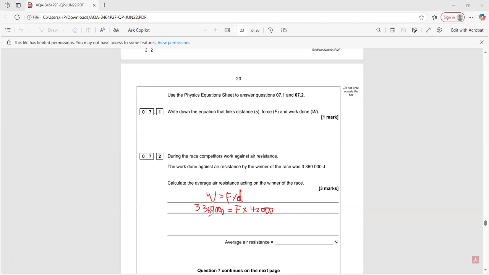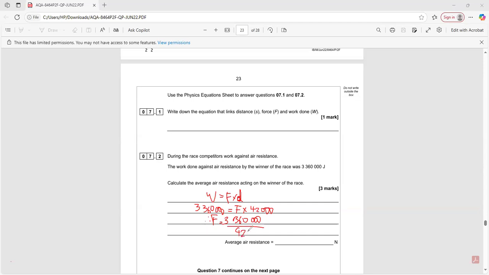42,000 meters. So therefore, F will be equal to what? Divide both sides by 42,000. So that's going to be equal to 3,360,000 over 42,000.